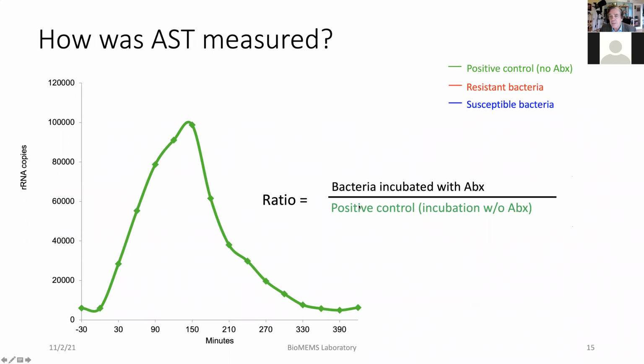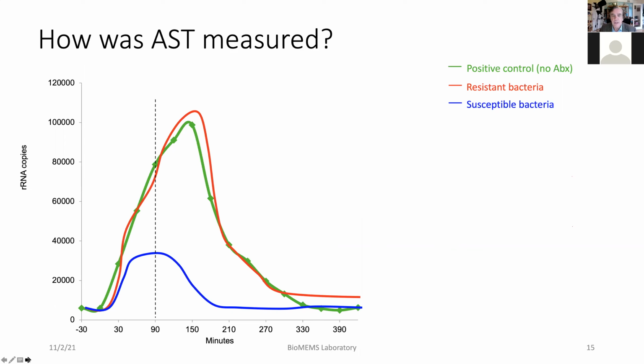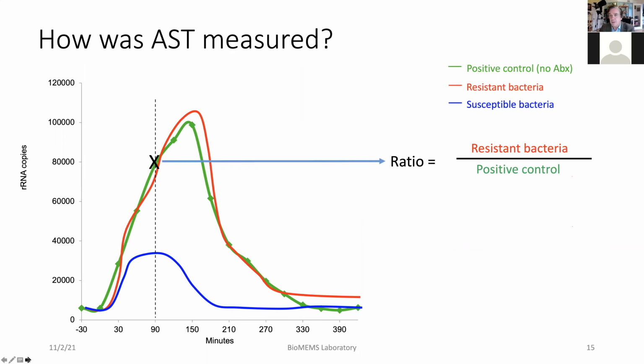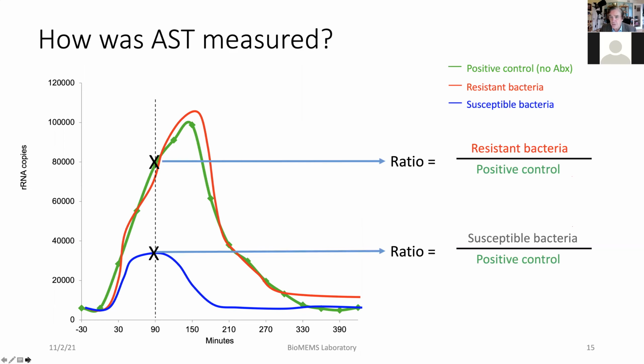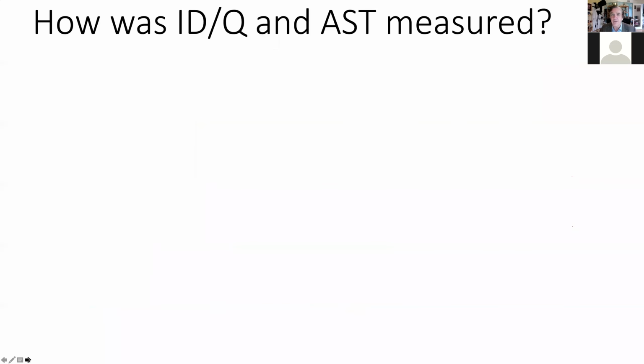So the ratio is bacteria incubated with antibiotics over the positive control. That point there is the ratio of resistant bacteria over positive control. That one is susceptible bacteria over positive control. So you do the ratio of the ratio, basically, right? Okay.